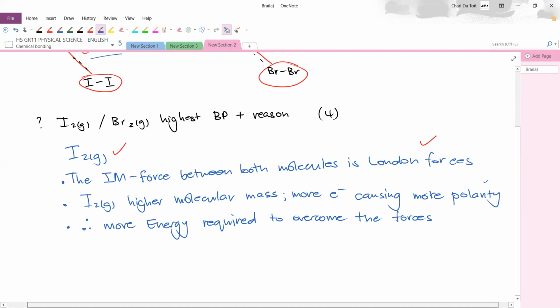Therefore, there's a higher boiling point. 1, 2, 3, 4 marks. Sorry, let's not say forces here. Let's say bonds, because overcoming the bonds means it becomes a gas.